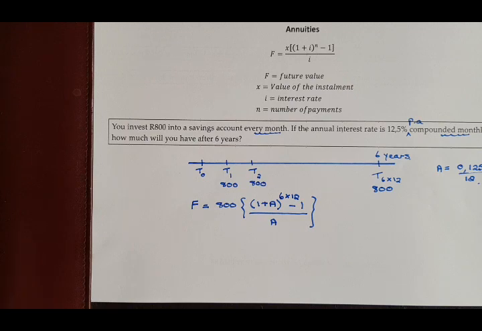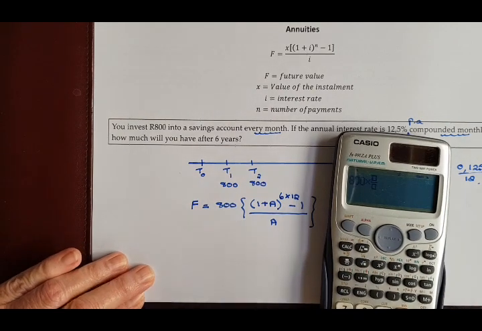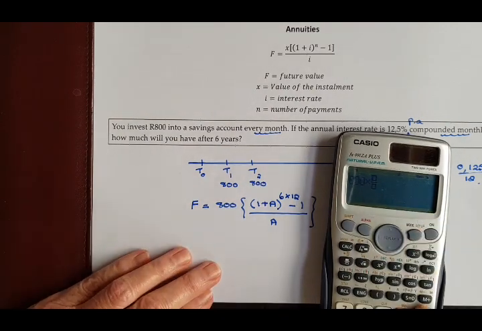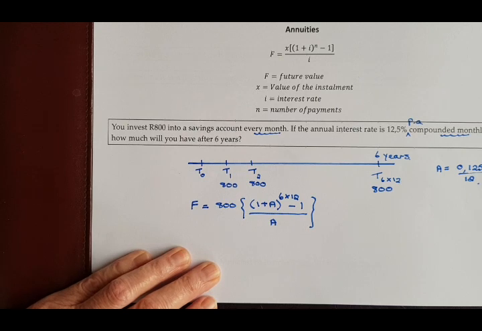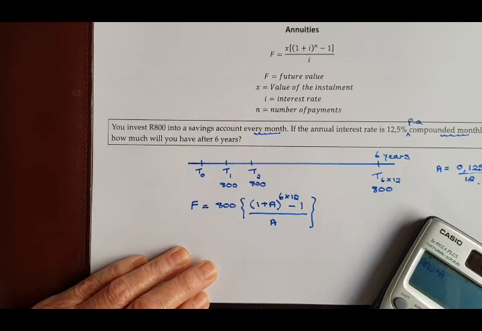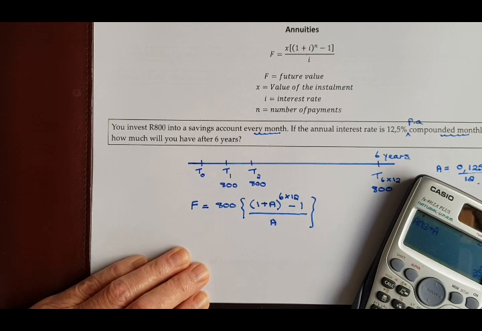And so we are going to get 800 multiplied by, beg your pardon, I should have put the button 0.125 divided by 12 equals shift store A. All right, so I put my interest in memory A now.